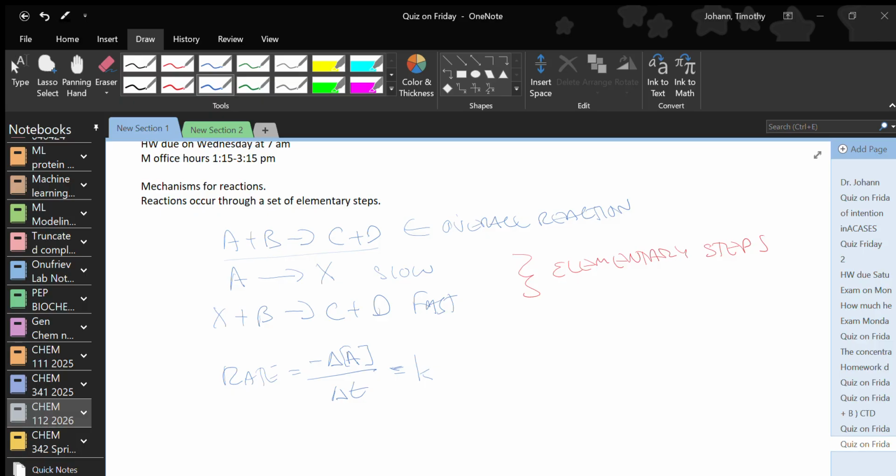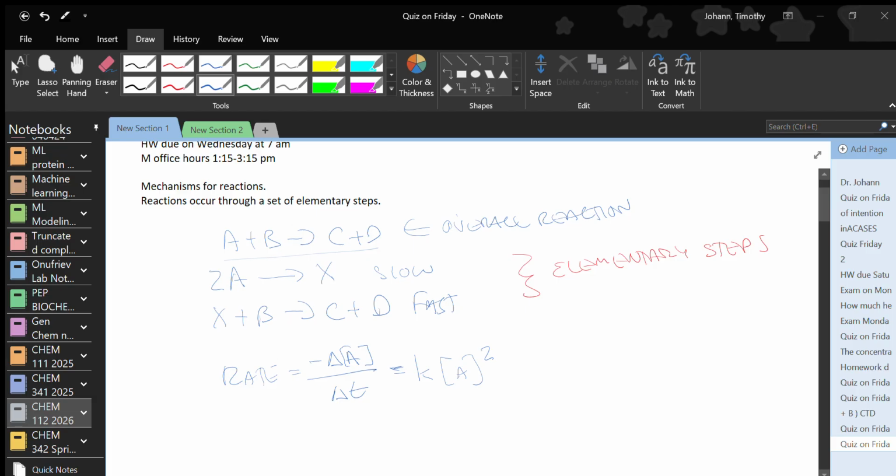What would I write? So the rest of my rate law, what is it? K times the concentration of A, right? The reactant or reactants of my slow step. All right. If there were two A's in my slow step, I would then put a 2 there, right?